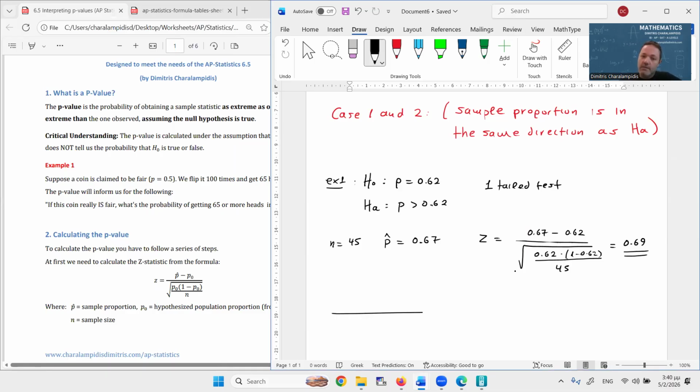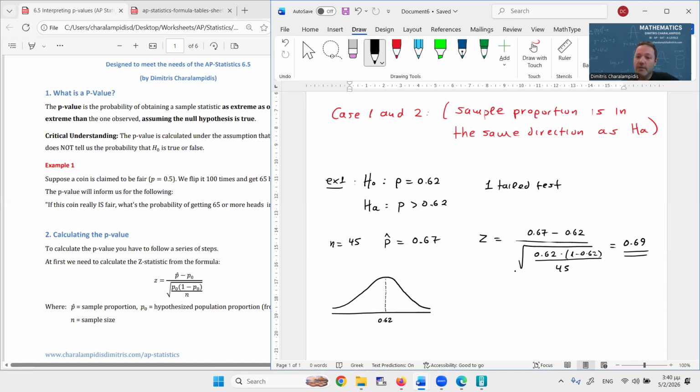This is a normal distribution. When we assume that the population proportion is 0.62, basically we assume that we are following a sampling distribution, the mean of which is at 0.62.